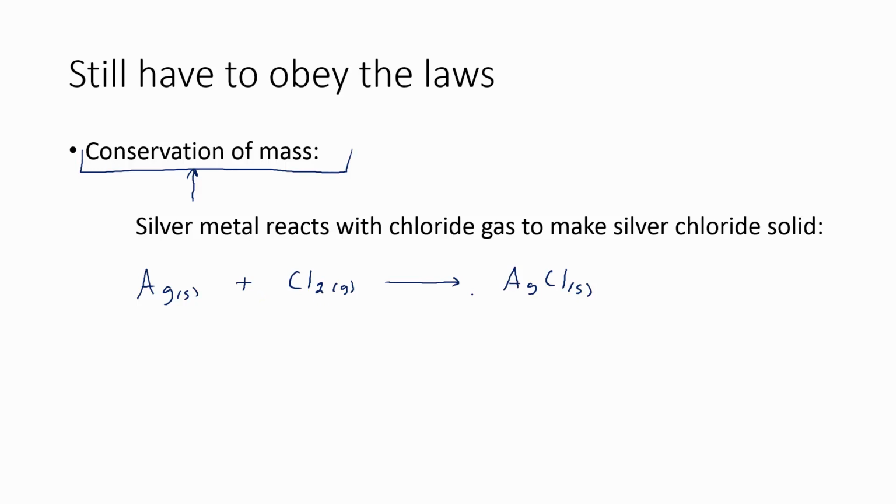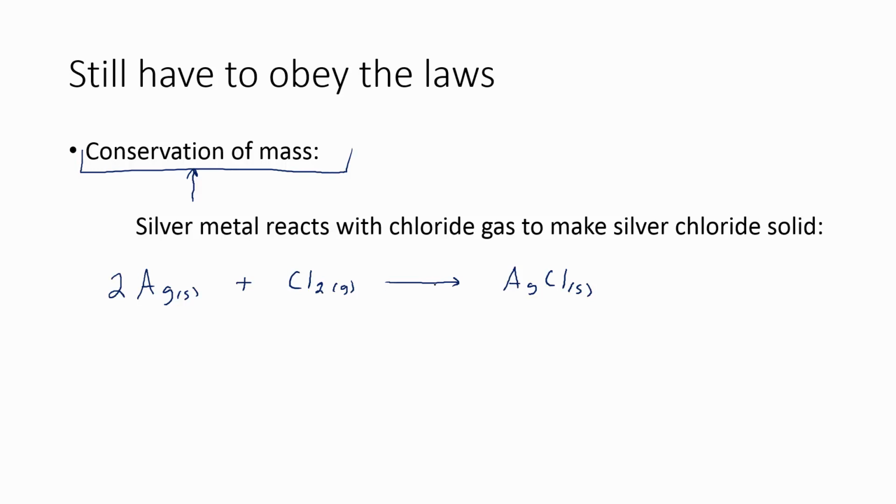So in order to fix this, we have to put coefficients, that's a number in front of whatever particular compound we're dealing with, in order to make more of those be present in that reaction. So we'll say that maybe there's 2 silvers in this reaction, and 2 chlorines in the form of 1 chlorine molecule. And that makes 2 silver chloride.